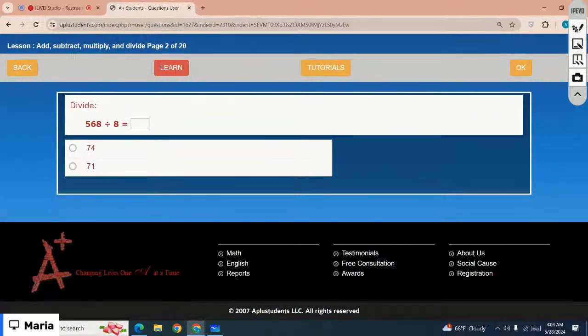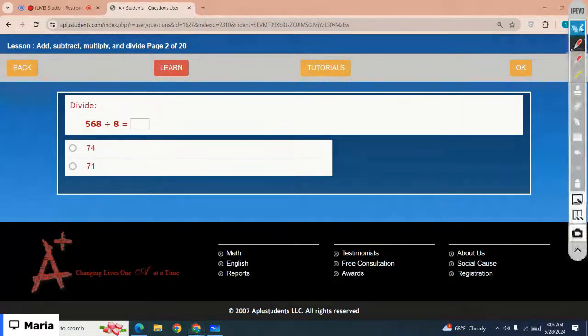Okay, the next one is you have to divide 868 divided by 8. It's okay if you have already done this one, it's just practice for you. You have to do the long division method, right? You have to count the table of 8 until 5. You cannot, because 5 is less than 8. So you have to make it 56.